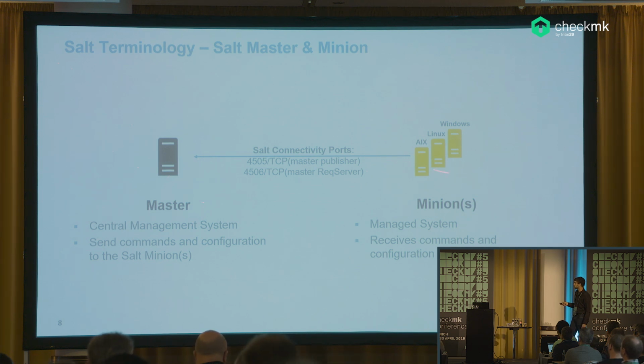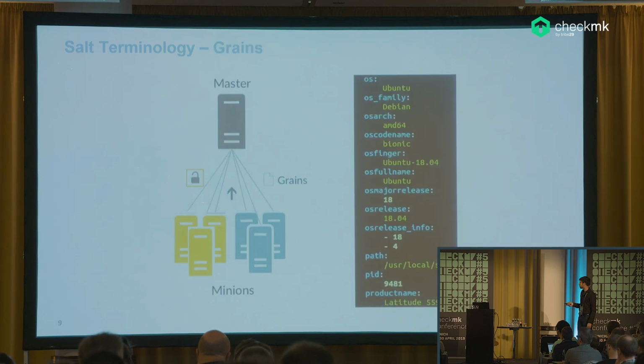So they always connect to the master through an outbound connection. First through the publisher port, it's all encrypted through TLS. They're going through port 4505. They're getting their tasks, they perform them, and then there's a returner port, the 4506, and the results go back to the master. That's how it works from the basic setup.